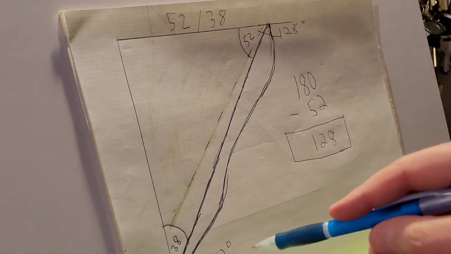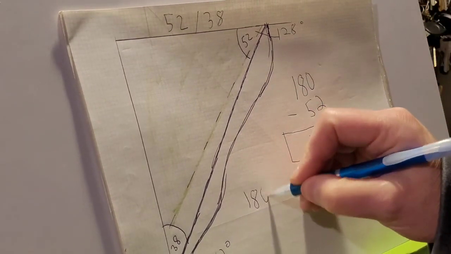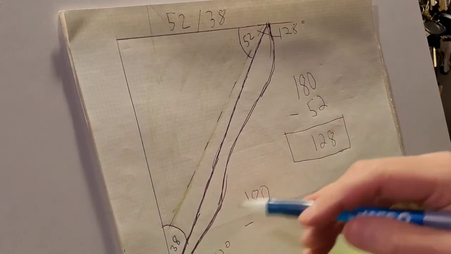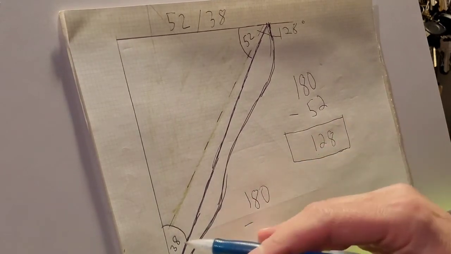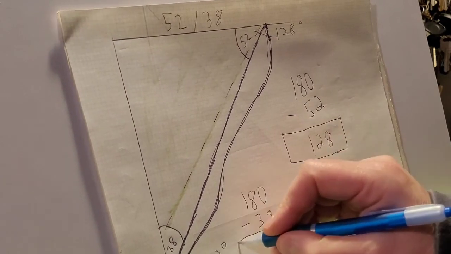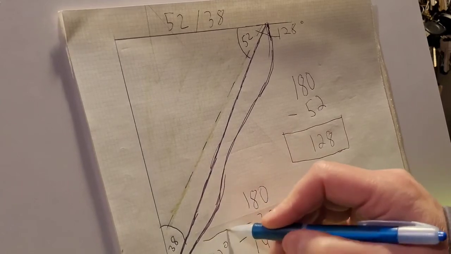Down here, 142, I could do the same thing. 180 minus 38. So 180 is a straight line minus 38 degrees. It's going to give me 142, which is the same as this here.